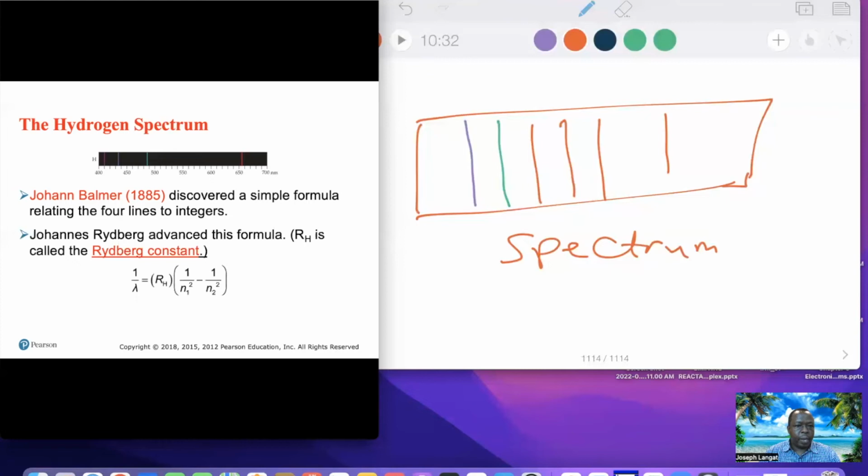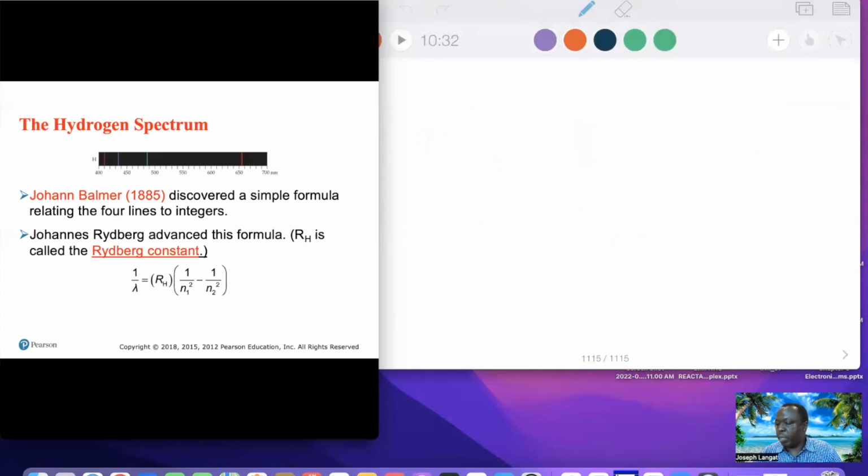We can calculate the wavelength. This has nothing to do with the other equation, and you will be given these 2 equations, so know when to use which equation. This is the reciprocal, 1 over the wavelength. So on the left side of the equation, 1 over the wavelength is given by RH.